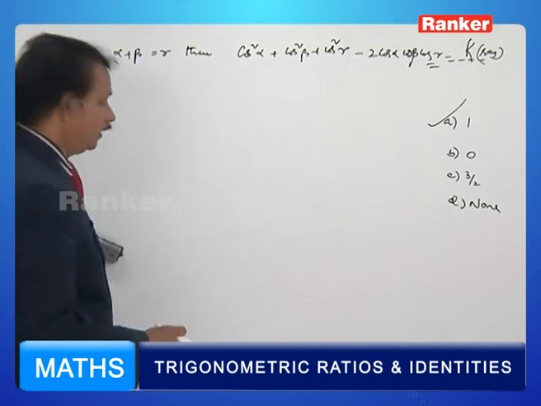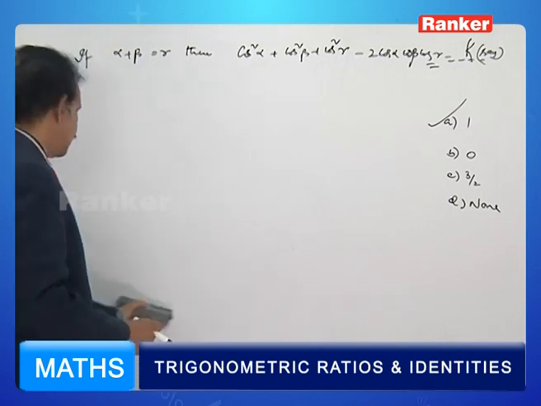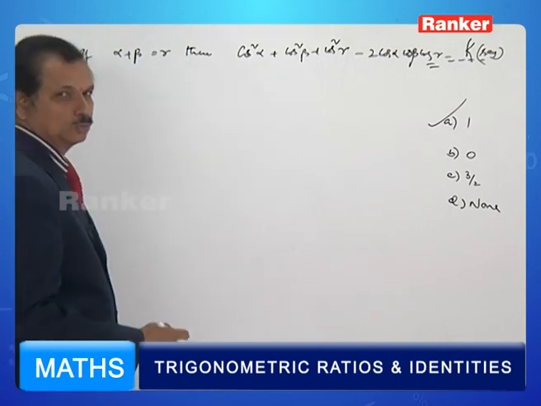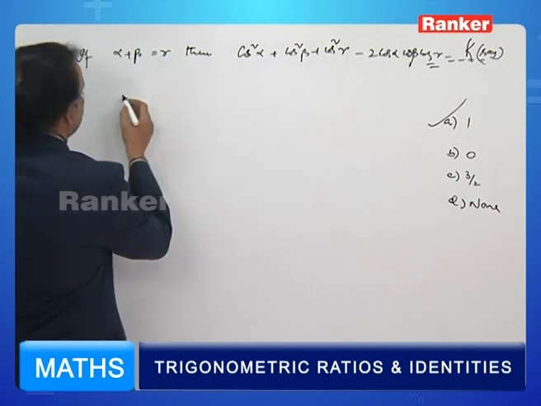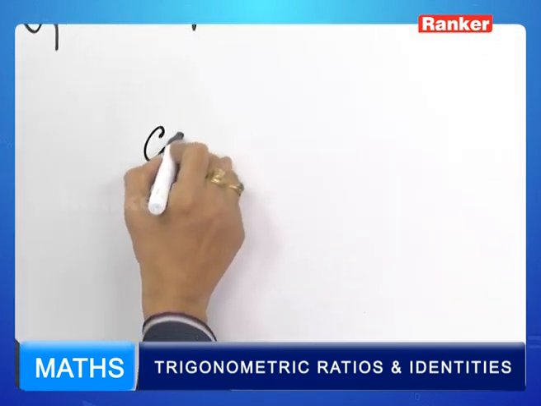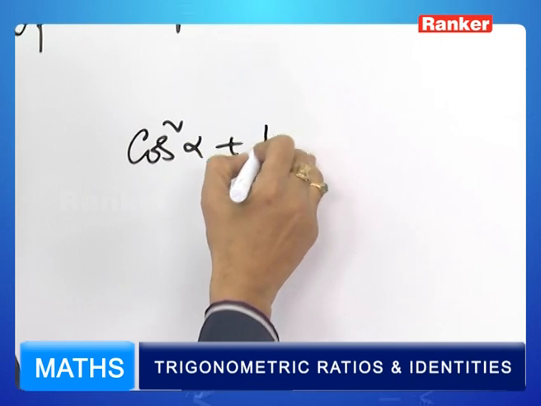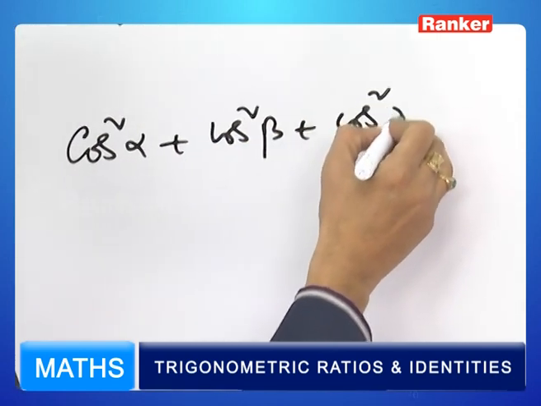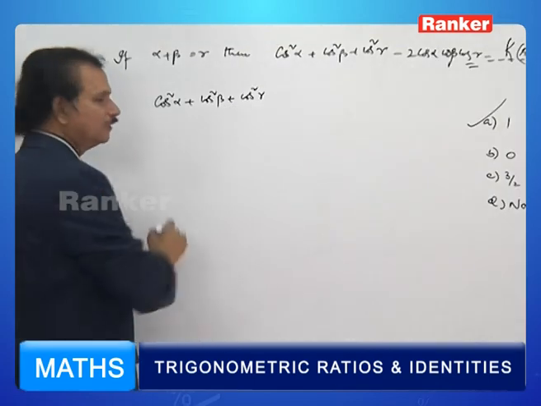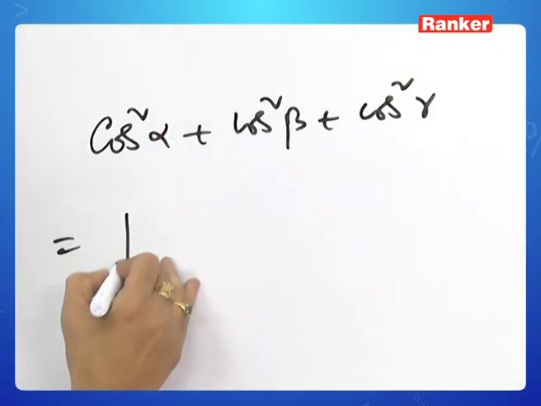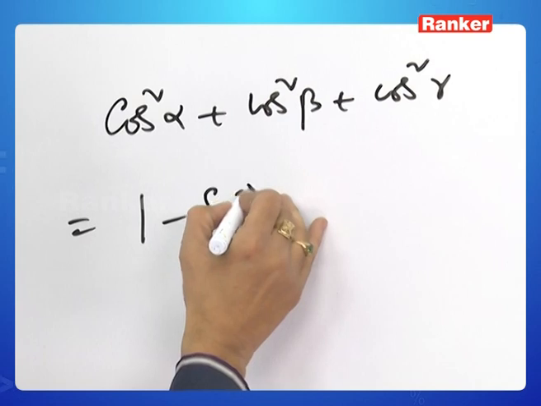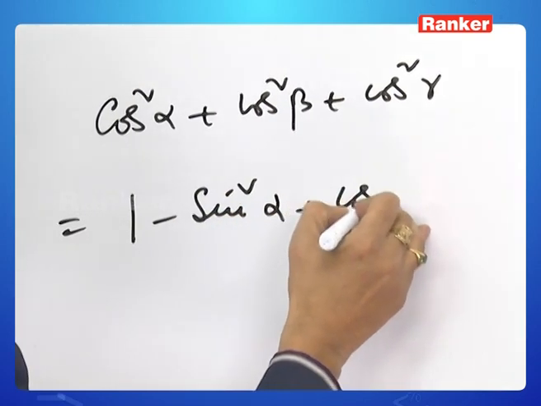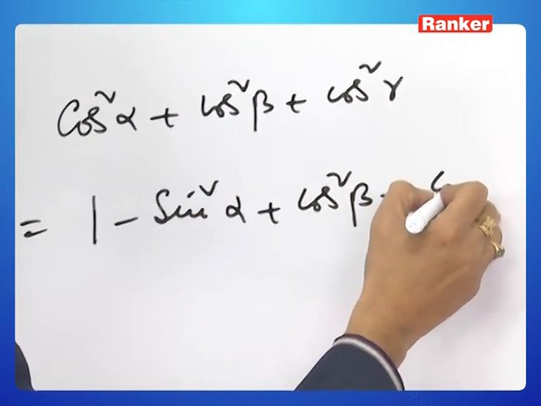Next, there is another method also, that is what we call method 2. What is it? Cos square alpha plus cos square beta plus cos square gamma. You just consider this only. 1 minus sin square alpha plus cos square beta plus cos square gamma.